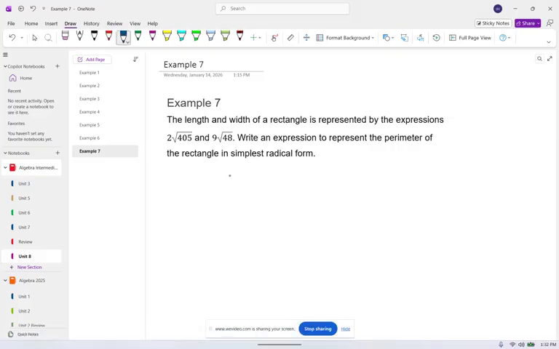So I like to draw pictures for these application problems if I can. It's helpful. So I'll make the length 2 square root of 405 and the width 9 root of 48. Okay. And I need a formula.